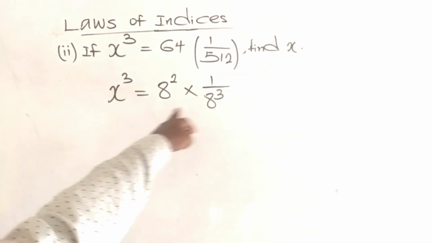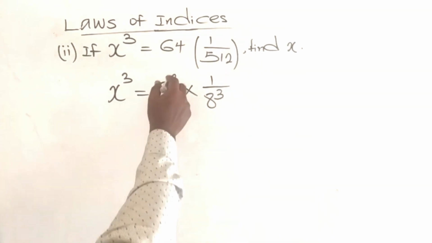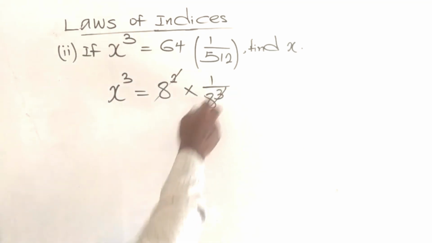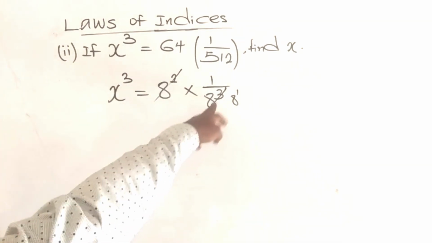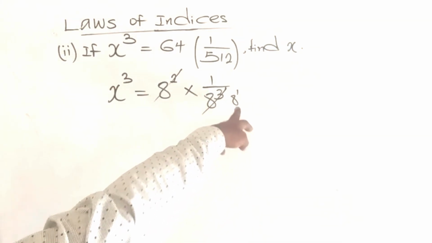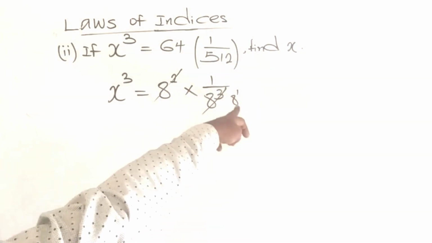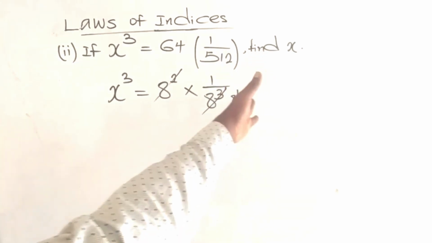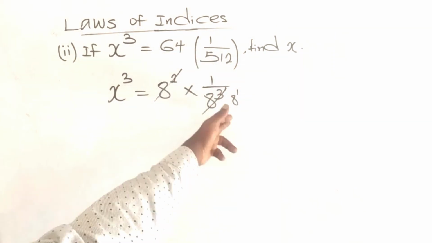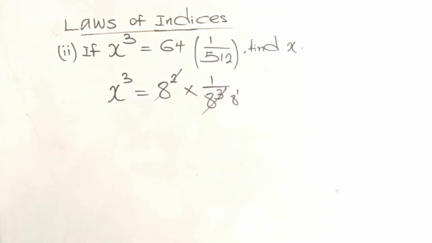Let's now divide 8 squared into 8 cubed. When 8 squared divides into 8 cubed, what we have left is just 8. So we have 1 over 8 on the right side of the equation. And 1 over 8 is 1 over 2 all raised to power 3.